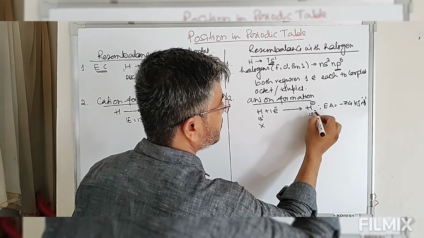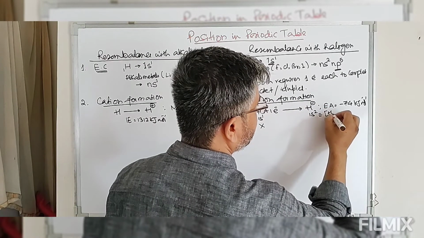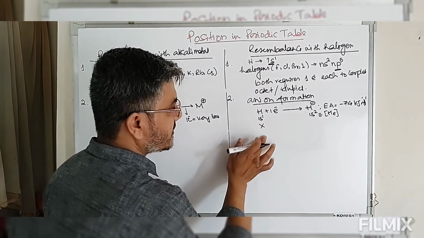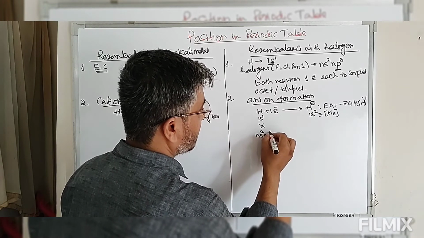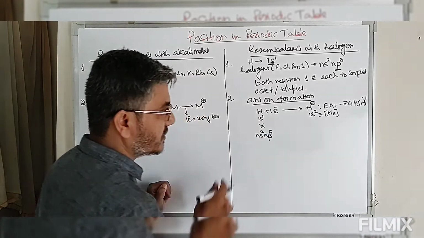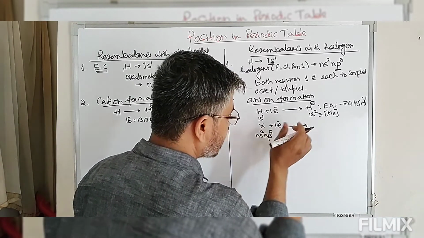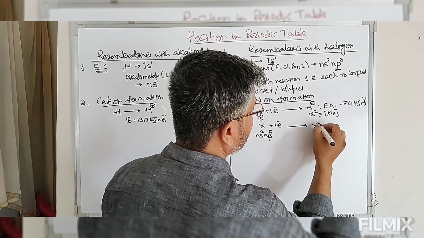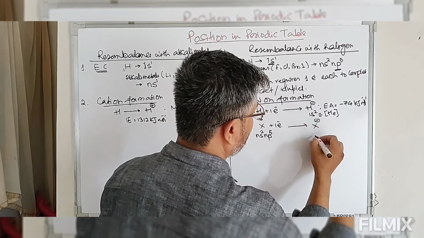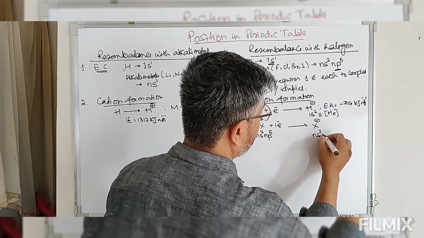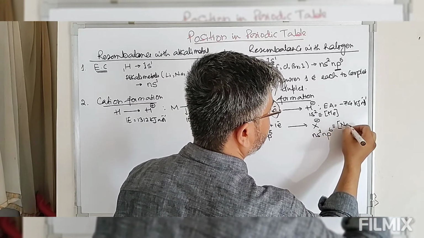So this will have 1s2, that is the configuration of helium. On the other side, we have the halogens containing ns2 np5. This also requires one electron to complete the octet. When this combines to give you X minus halide ion, the electronic configuration is ns2 np6. This is equivalent to the configuration of a noble gas.